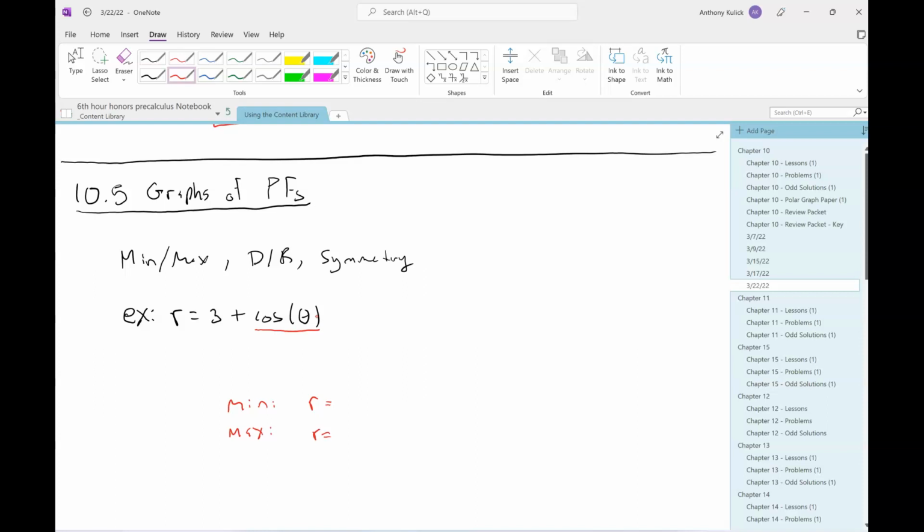So what is the range of values for cosine theta? This is something you should know. We studied this first semester. What's the minimum value cosine theta can have?